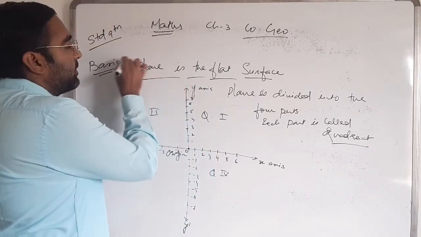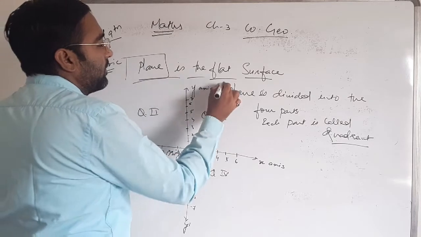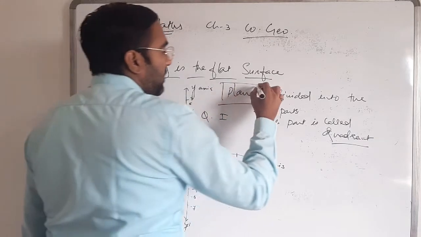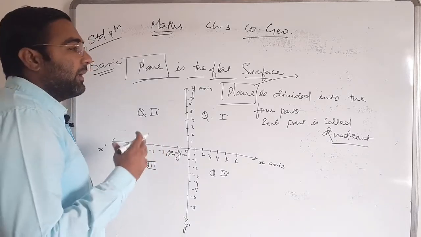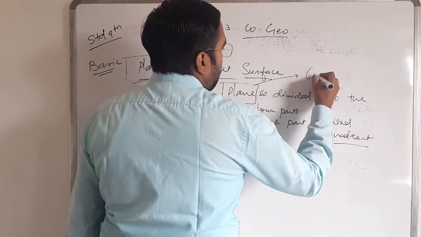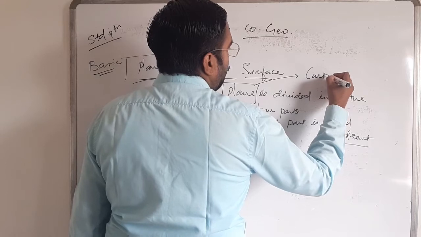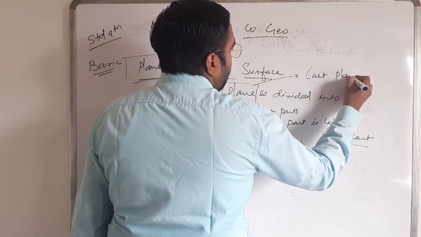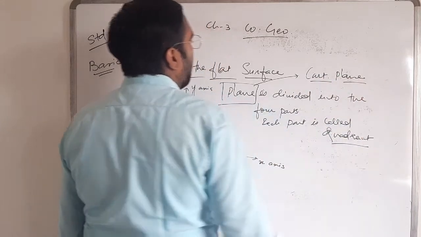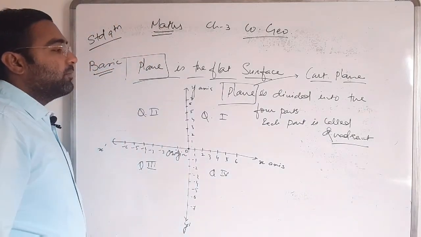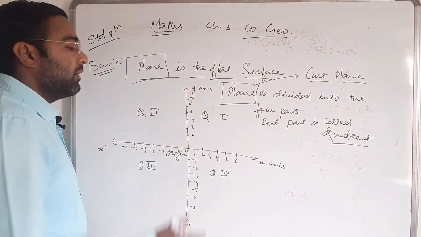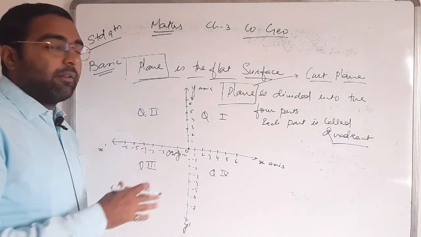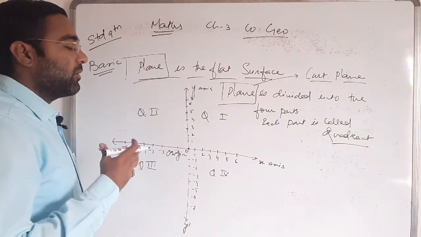With regard to coordinate geometry, we name the plane a Cartesian plane. In the Cartesian plane, both axes divide it into 4 parts. Each part is called a quadrant.